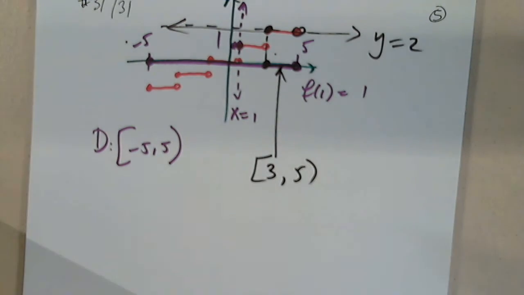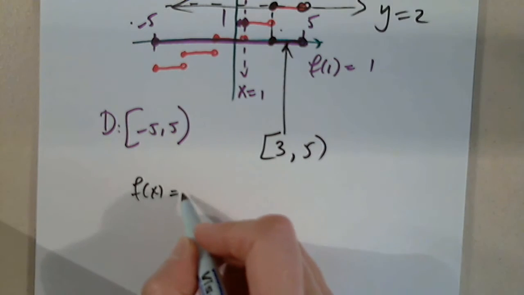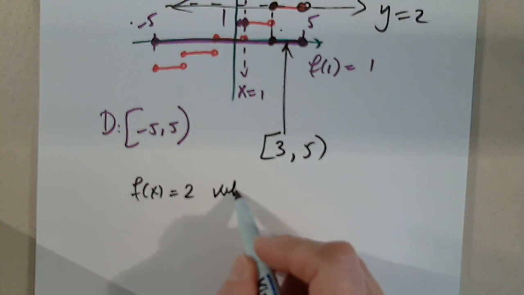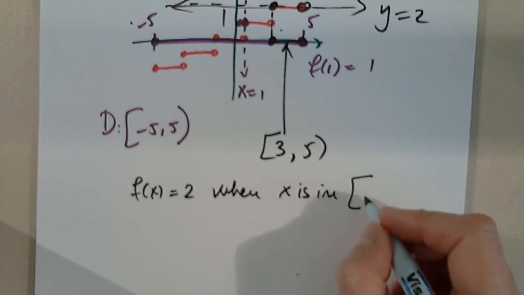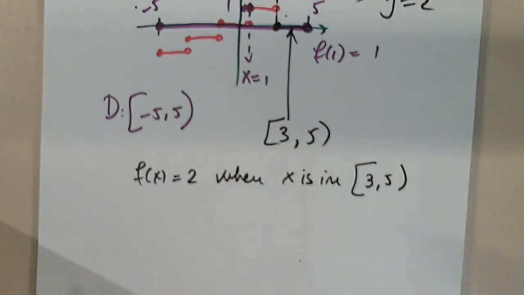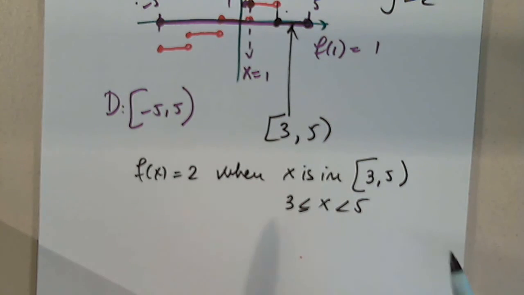So I will write f of x is 2 when x is in the interval [3, 5). I can also write it like this: for any value of x between 3, including 3, but not including 5, the function value will be 2.